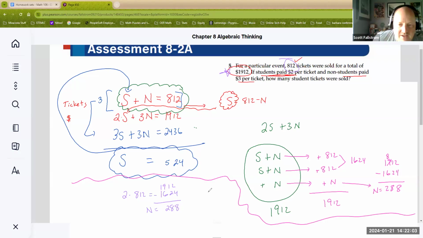Done. This is not unlike a bicycle or tricycle problem. These are ones that tend to be a little bit more at the elementary school level. Some people rode bicycles to school and other people rode tricycles, right? And you're like, okay, there were 812 kids and 1,912 wheels.